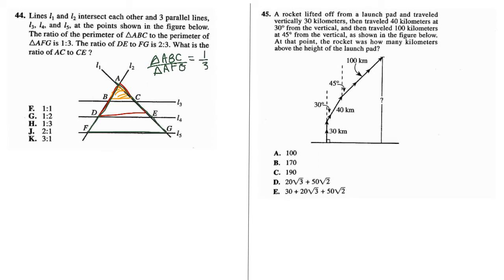Now, our goal is to be able to find the ratio of A to C. So I'm trying to find this other ratio. And let me erase here where I've shown the similar triangles. So we're trying to find, well, what is the ratio of AC to CE?